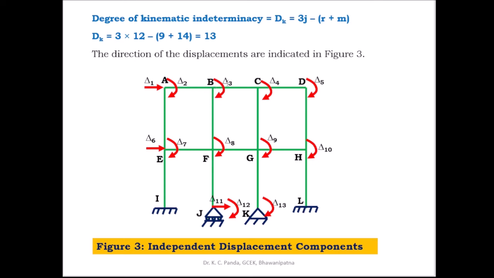So here only rotational displacement takes place at B, and at C rotational displacement takes place, at D rotational displacement takes place, and at E there is a horizontal displacement and rotational displacement, and at F rotational displacement, at G rotational displacement, and at H rotational displacement, and at J roller support there is a horizontal displacement and there is also the rotational displacement, and at K due to hinge support there is only the rotational displacement takes place.